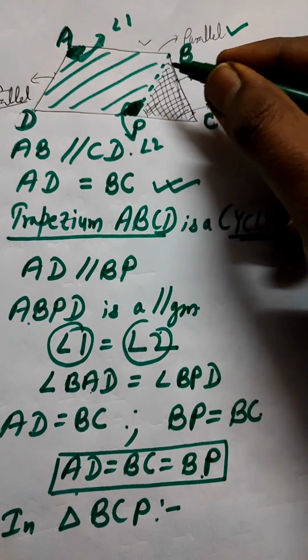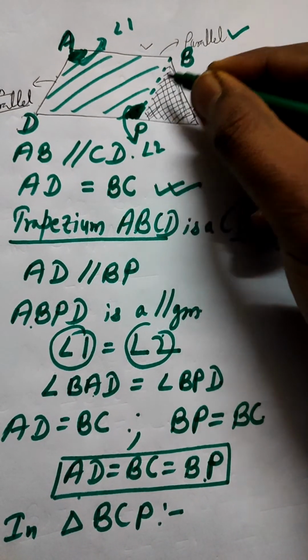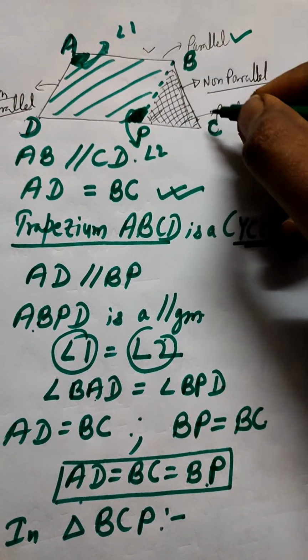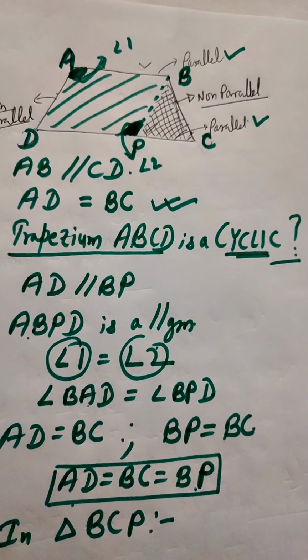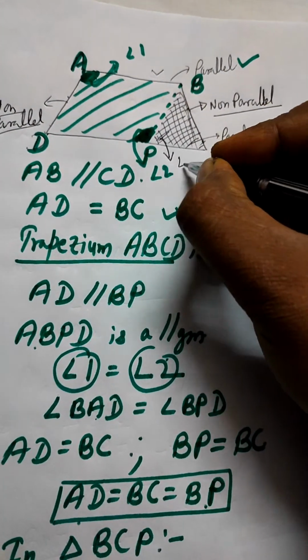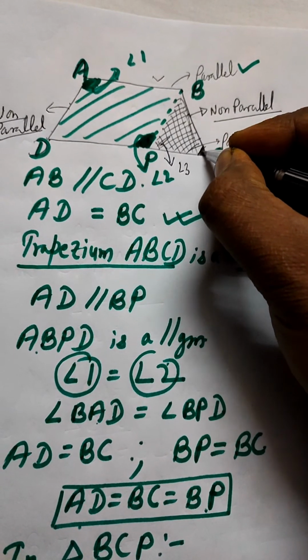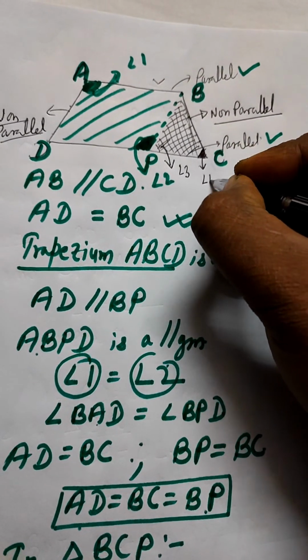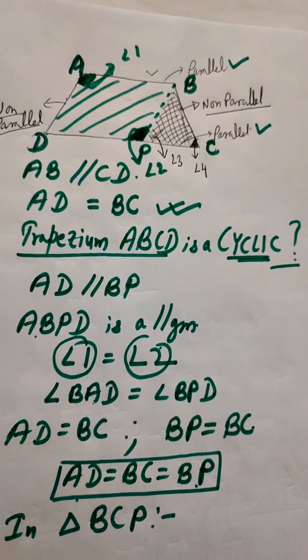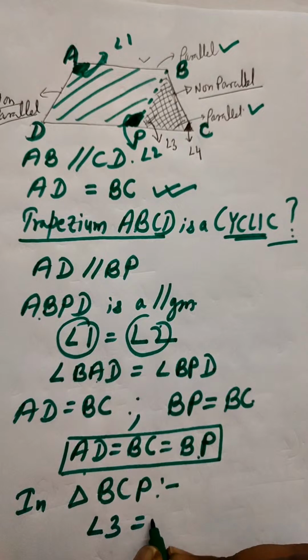Since BP is equal to BC, we can say that angle BPC is equal to angle BCP. So just writing it very clearly, mention angle BPC as angle 3 and angle BCP as angle 4. So angle 3 will be equal to angle 4.